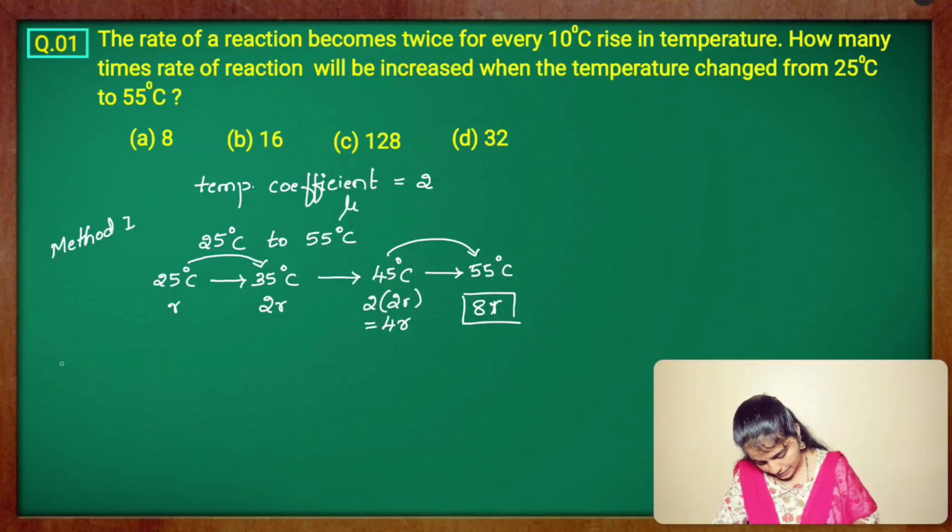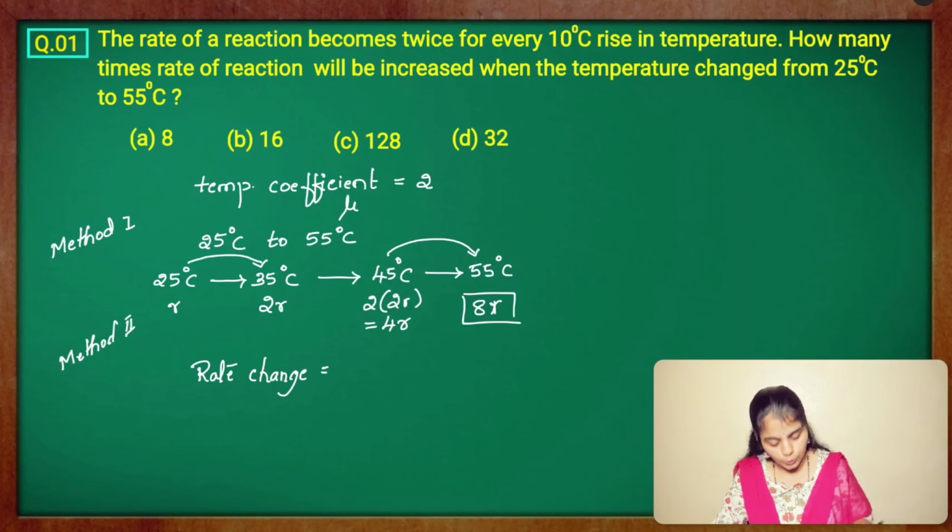Now coming to the second method. So here I'll give you a formula using which you can easily find the change in the rate. Okay. So here rate change is equal to mu to the power delta T divided by 10.